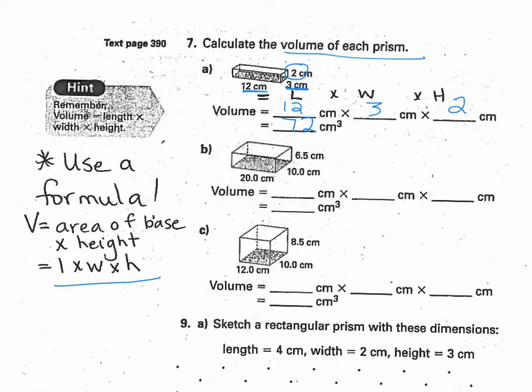I'm going to do B for you, and then I'd like you to do C. Volume is, always write down your formula, length times width times height. Now substitute the numbers. 20 times 10 times 6.5. The answer is 1,300 centimeters cubed. Your turn to do the next question.